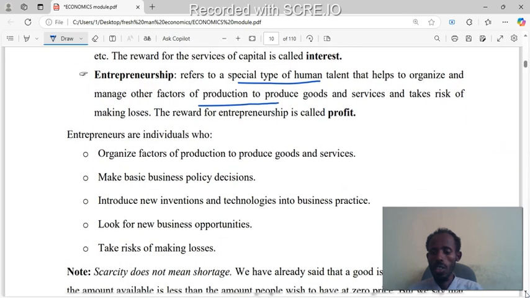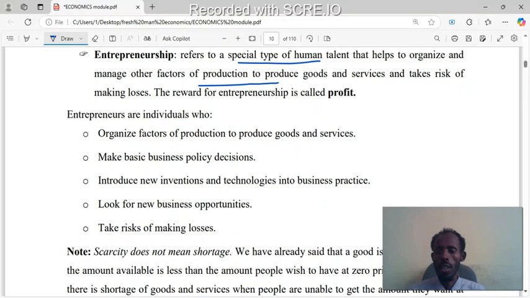So when we define scarcity, scarcity does not mean shortage. We have already said that a good is said to be scarce if the amount available is less than the amount people wish to have at zero price. But we say that there is shortage of a good and service when people are unable to get the amount they want at a given price.